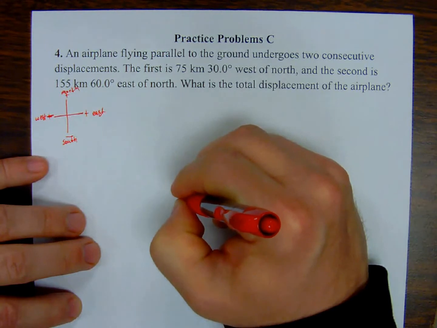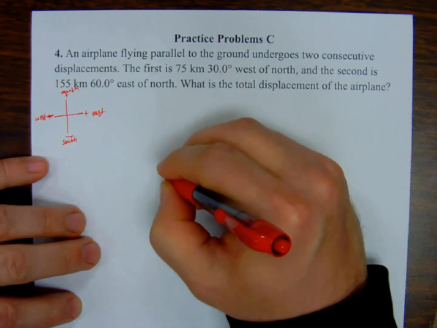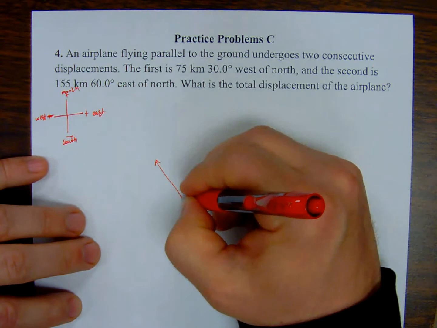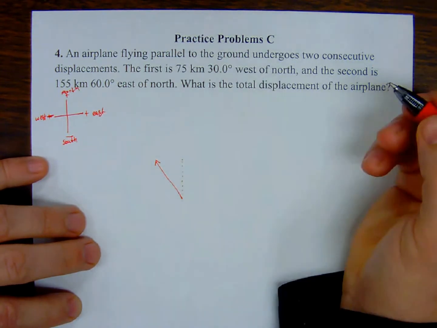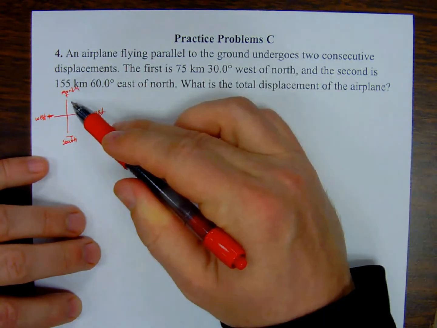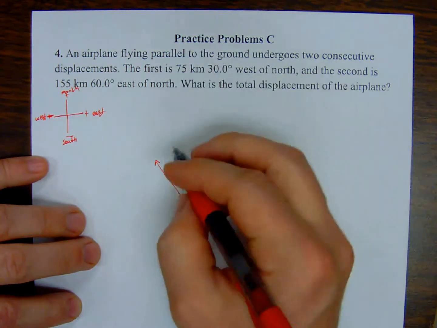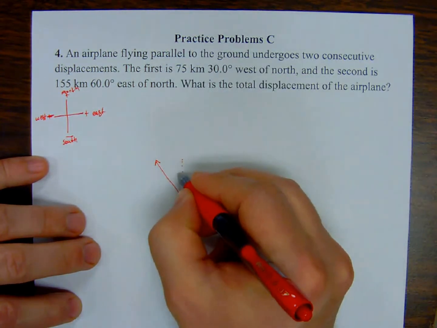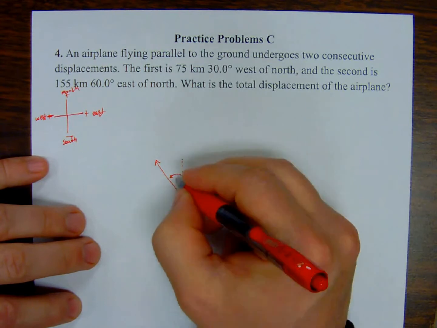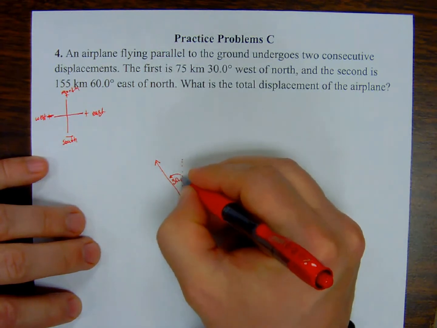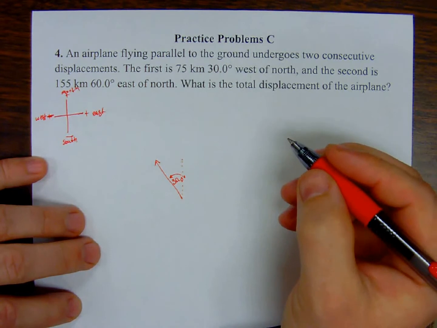Because that's north, according to the coordinate system that I defined. And so we're actually west of north. So this is the 30 degrees. 75 kilometers. Let's write that down.